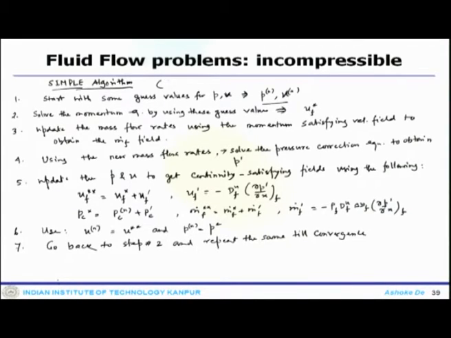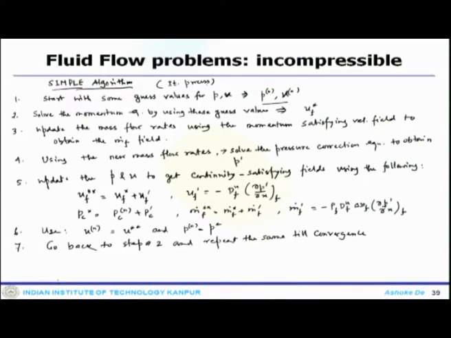So, it is essentially an iterative process. Within that, inside the domain you want to achieve the exact pressure and velocity field.